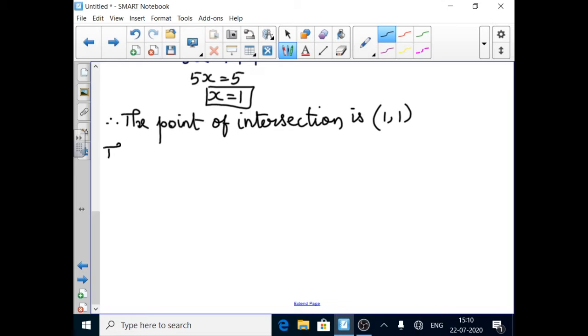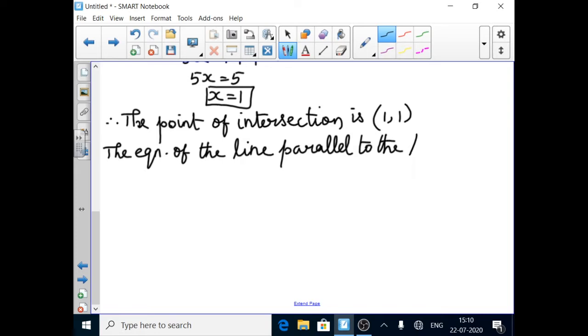The equation of the line parallel to the line 13x plus 5y plus 12 equal to 0, given in the question, is of the form... For parallel lines, there is no need to interchange the coefficients.